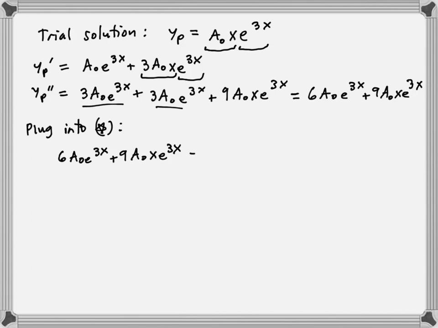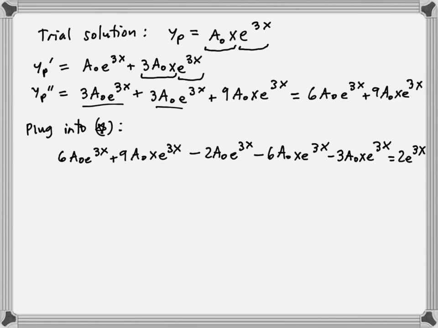So I'm going to do minus 2 times each of those as I write it down. So minus 2, and then I have a minus 6, and then I have minus 3y, and this has to equal 2e to the 3x.